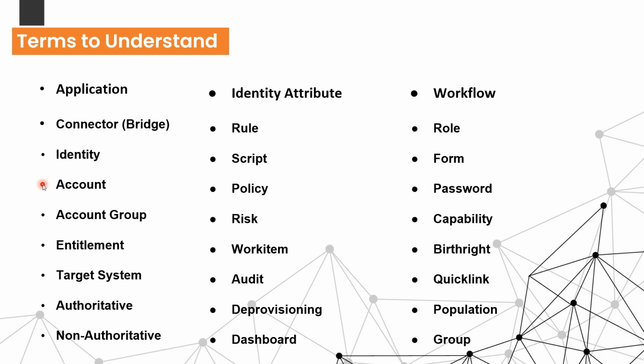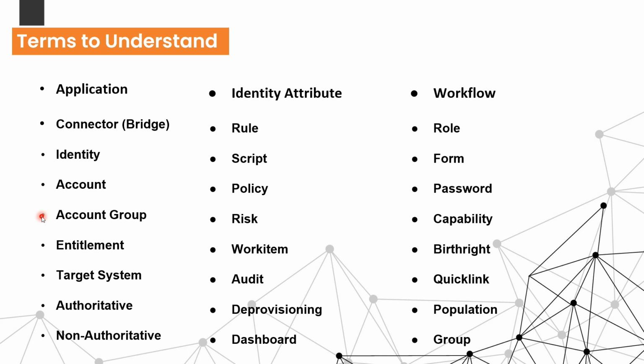Next we have the account group. There's another term called account group. Account group is nothing but a permission, or a level of access. This is an authorization that is there inside the target application. Let's take an application, SAP.